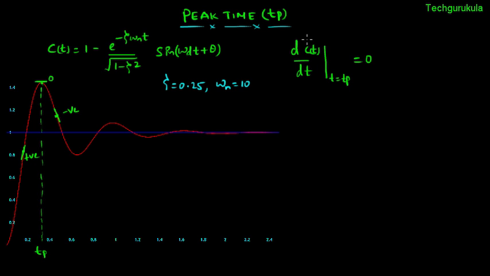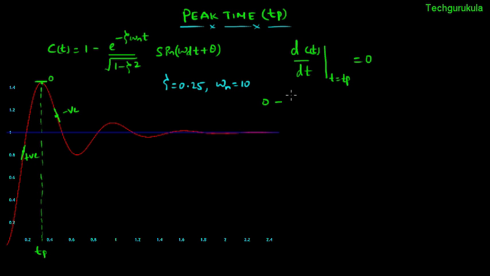So first of all, let us find the differentiation of this function c of t with respect to time. So we see here for the first term, which is constant, with respect to t, if we differentiate, the value will be 0. So we have 0 minus differentiation of this second term. So we have two terms which are functions of t, so we have a product rule that we need to apply.